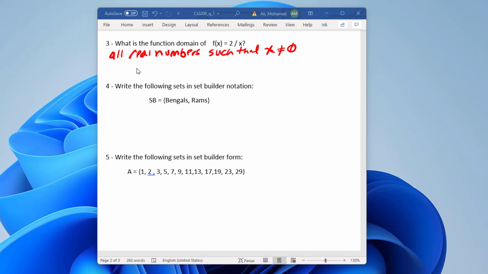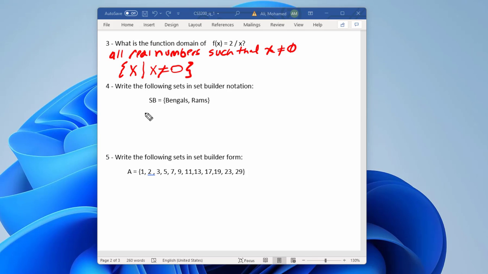To write this in set notation, we're looking for x here, so we have a set symbol like that, and then x such that, like what we did in class, such that x is not equal to 0.